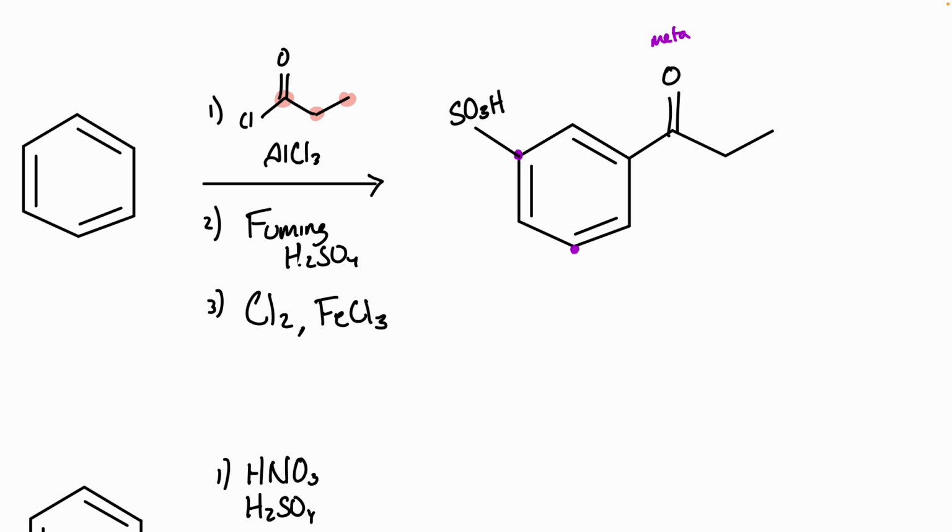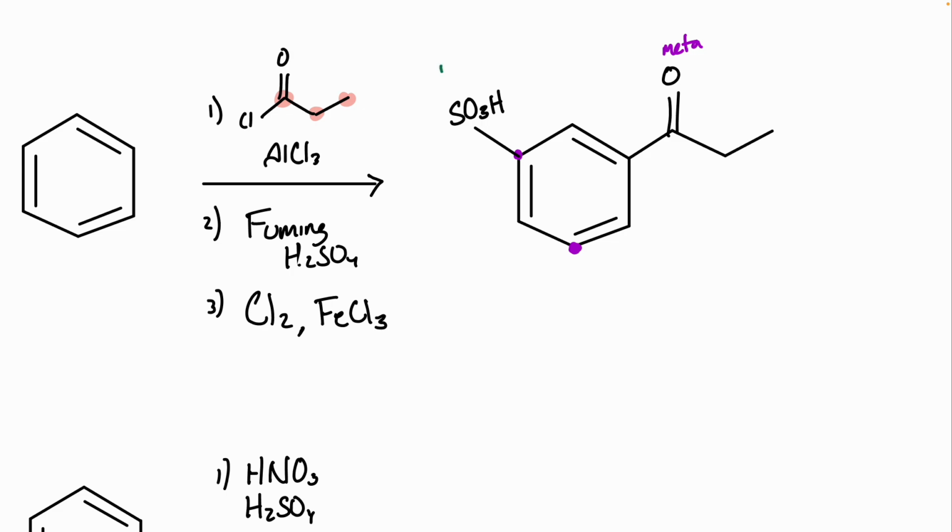All right, cool. But we're not going to stop there. We're going to do yet another reaction. We established this one was a meta-director. So that acyl group wants to direct that incoming substituent to the position that is meta to it. But then I also have to look at my other group on that ring, that sulfonic acid group. And that is what? Ortho/para or meta-directing?